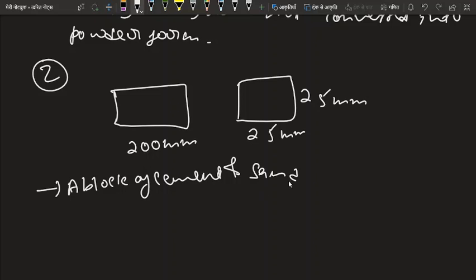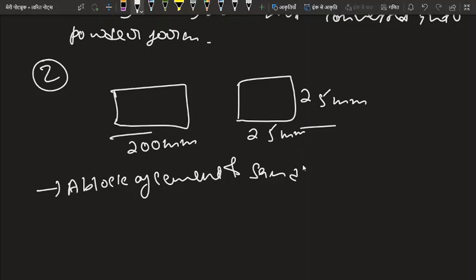Why is it called a block of cement and sand? Because both of these are made by mixing cement and sand in a proper ratio, which is about 1:6.